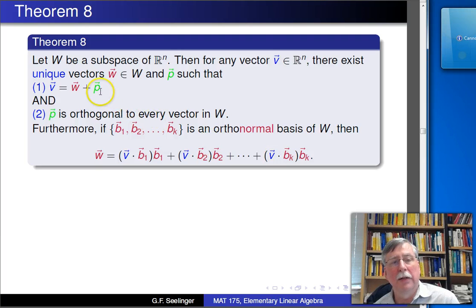That means P is just going to be V minus this expression. And that's how the proof goes.